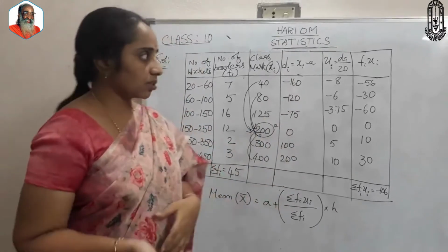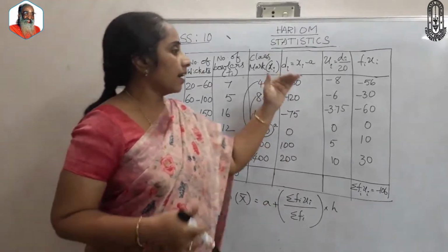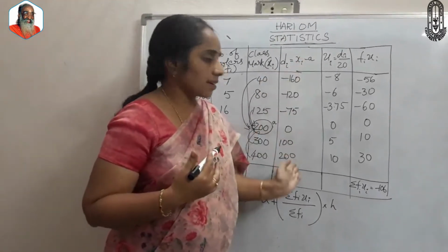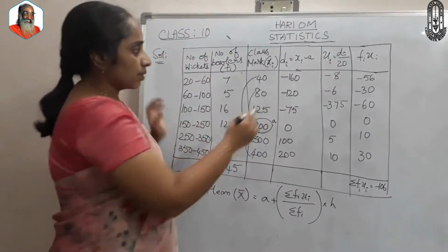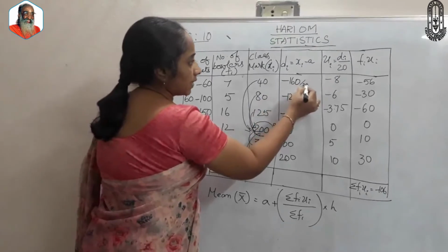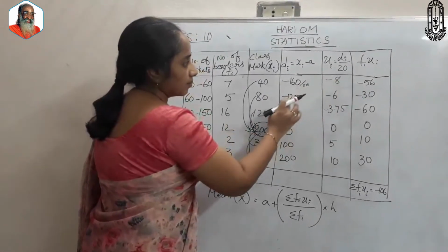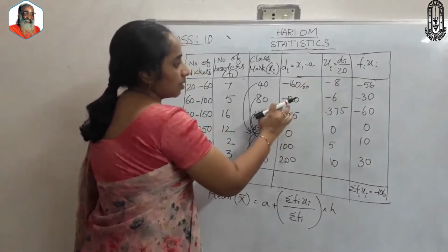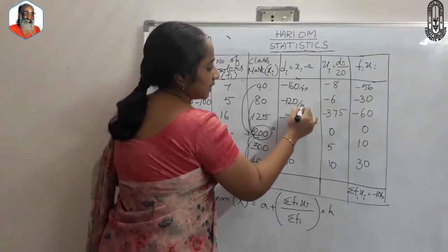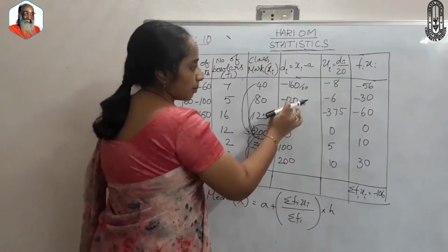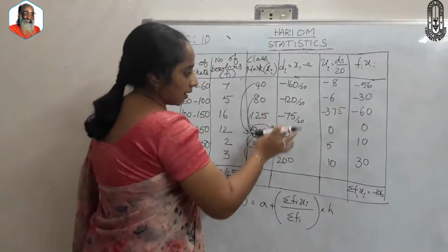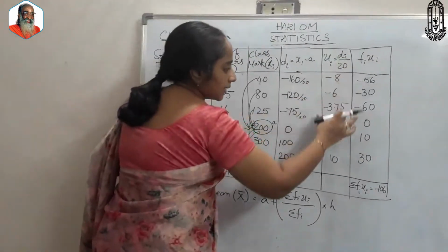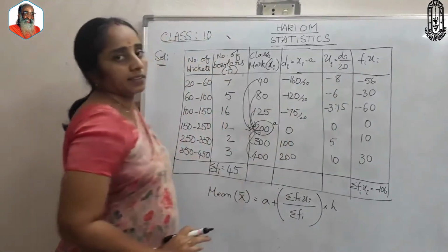20, so that here the DIs are divided by 20, so minus 160 by 20 is minus 8, minus 120 by 20 is minus 6, minus 75 by 20 is minus 3.75. Likewise UIs are calculated.